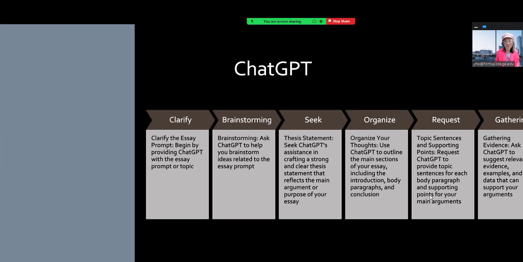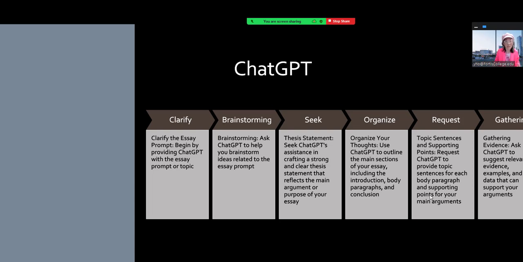But ChatGPT is still great for brainstorming, or if you want to clarify. Other AI also does the same thing, like Grammarly. So a lot of this changing of the sentence structure, improving your thesis statement, or improving your paragraphs, brainstorming ideas, Grammarly has all of that function as well.